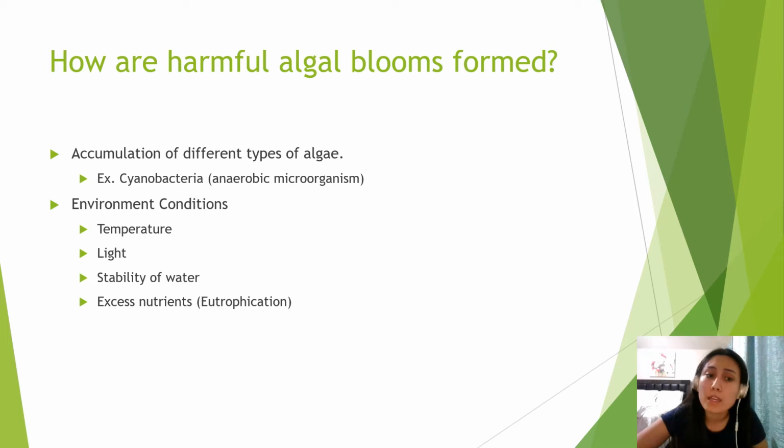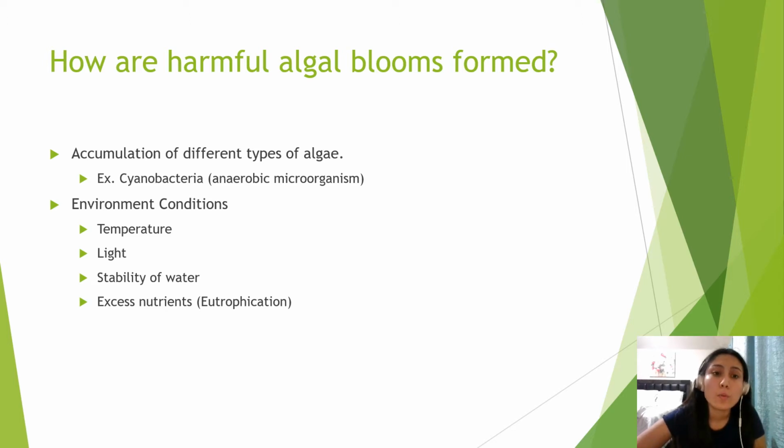They thrive in high light exposure for long durations. These algae thrive in stable water, so they like slow-moving water as compared to fast-moving water like rivers. And harmful algal blooms are also caused by an excess of nutrients, which is also called eutrophication, and this occurs through runoff.